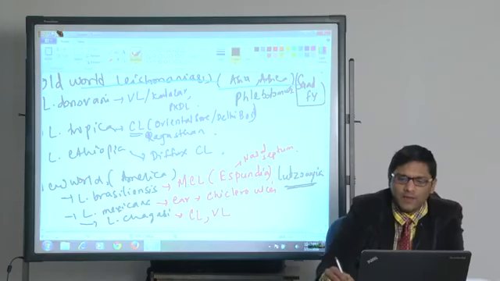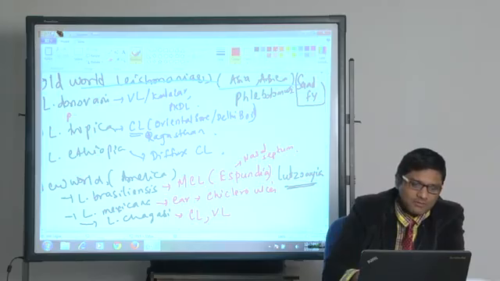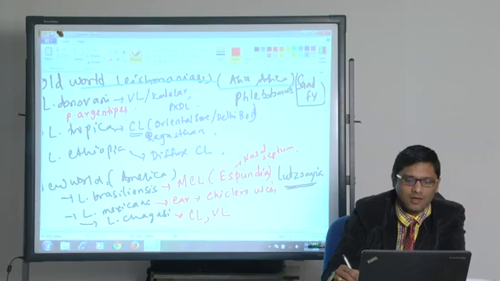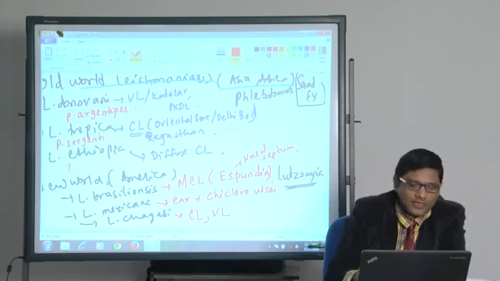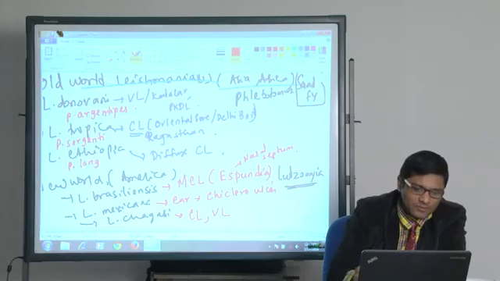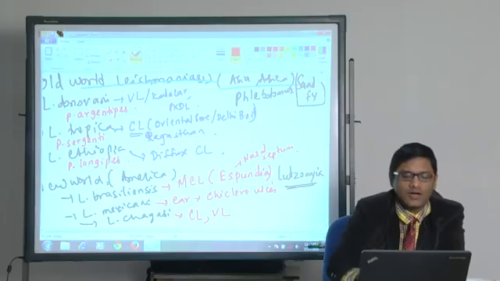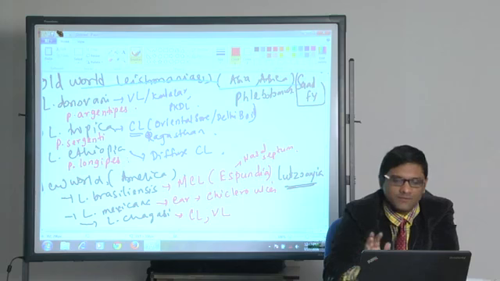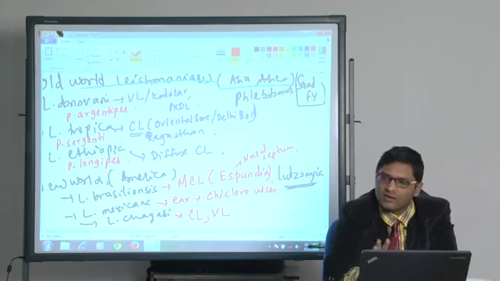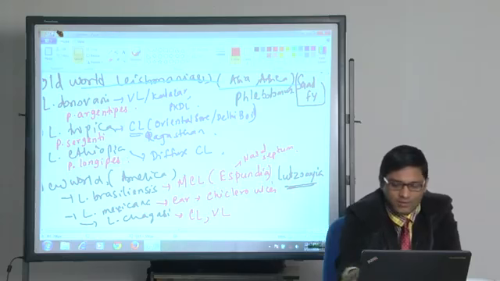For donovani it is Phlebotomus argentipes. For tropica it is Phlebotomus sergenti, and for aethiopica it is Phlebotomus longipes. Argentipes, sergenti and longipes are the respective vectors for donovani, tropica and aethiopica. So this is again a very important table that they can ask in the exam, so you have to remember.